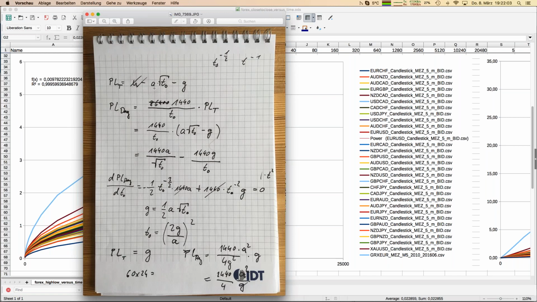So at time 0, we would be exactly at minus G, because we have opened our trade and we realize our costs, spread and commission. With ongoing time, we would reach more and more profit. I know, only if we are in the right direction. But let's assume we are in the right direction.